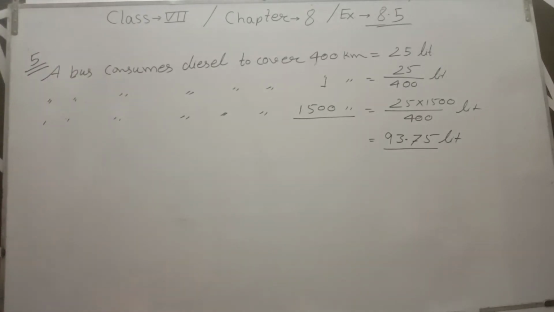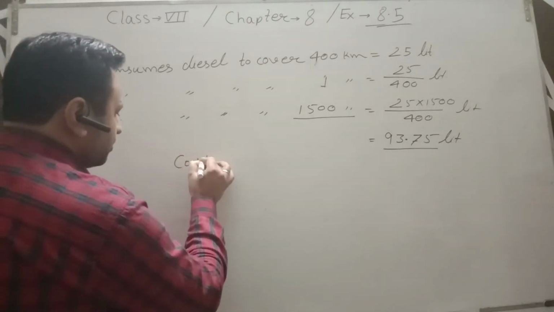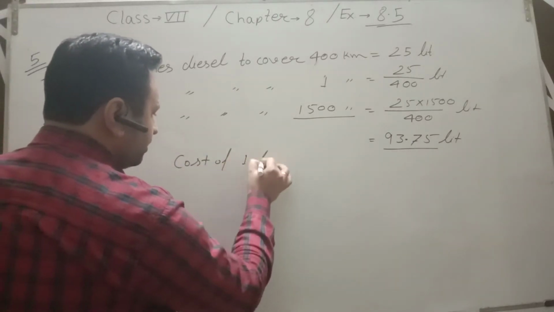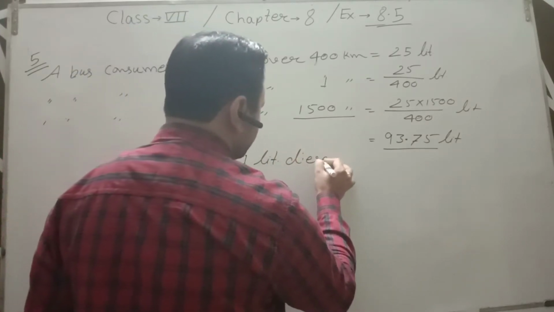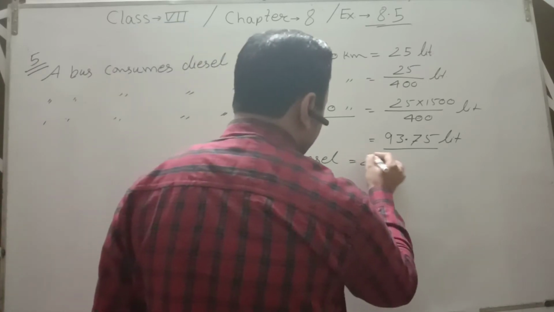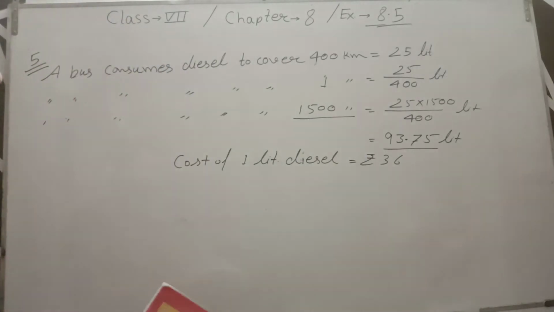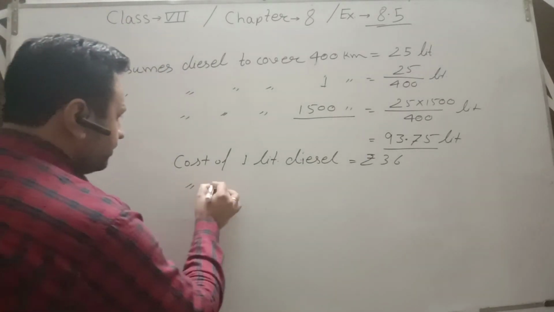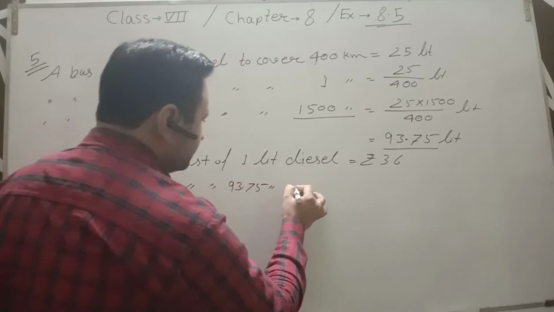एंड अकॉर्डिंग टू द क्वेश्चन इट इज गिवन दैट कॉस्ट ऑफ 1 लीटर डीजल, 1 लीटर डीजल की कॉस्ट कितनी है? ₹36. And we have to calculate the cost of 93.75 liter diesel.